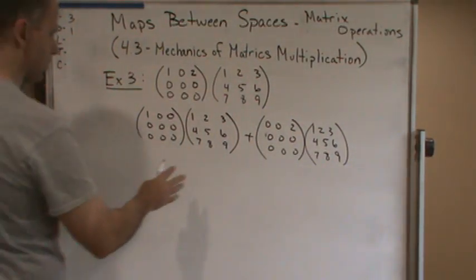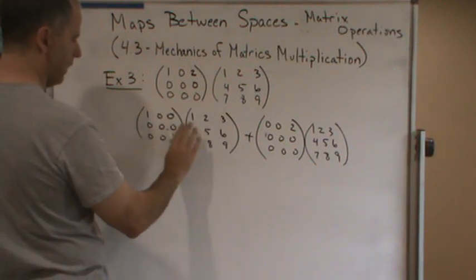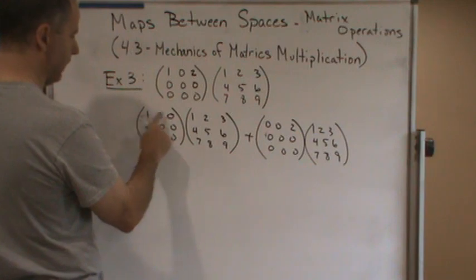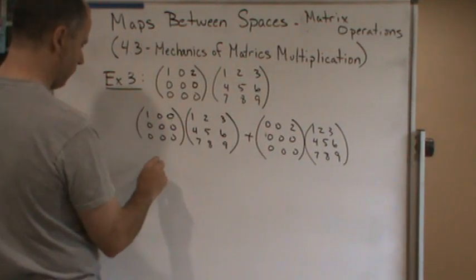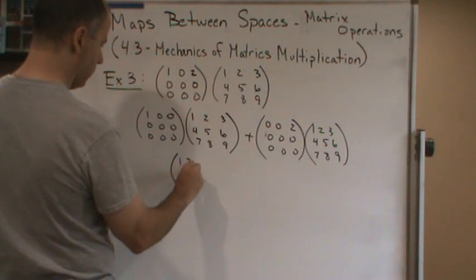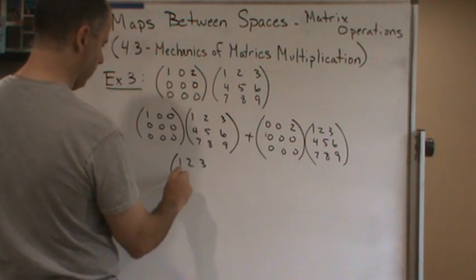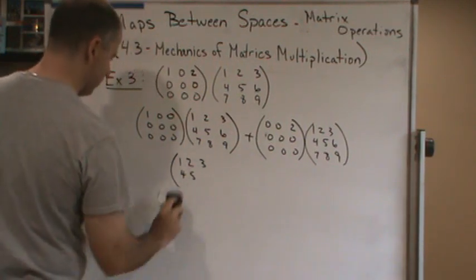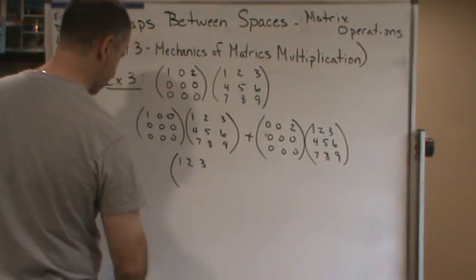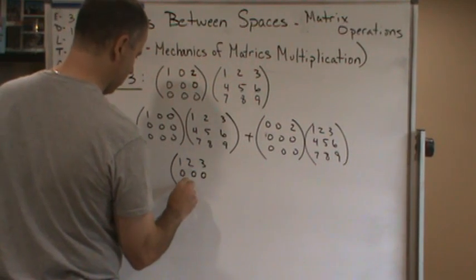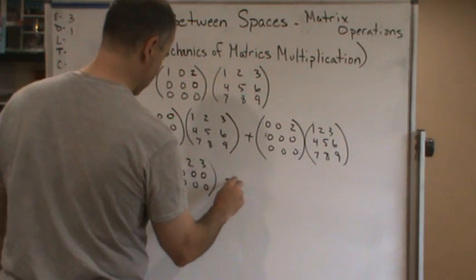And again, what's this doing? This is taking 1 times what? Now this is in the first row. It's repeating the first row. So it's going to be what? It's going to be 1, 2, 3, zeros, 0, 0, 0, 0, 0, 0.